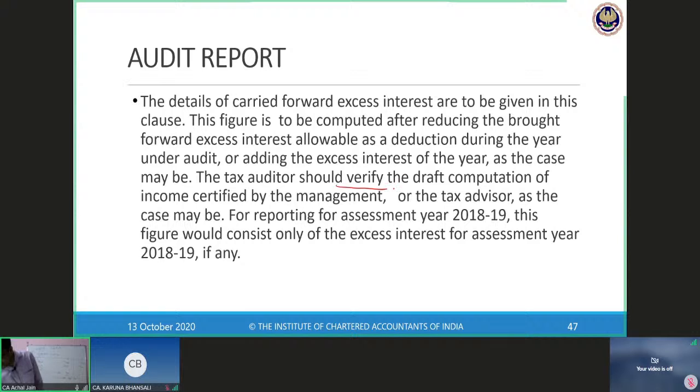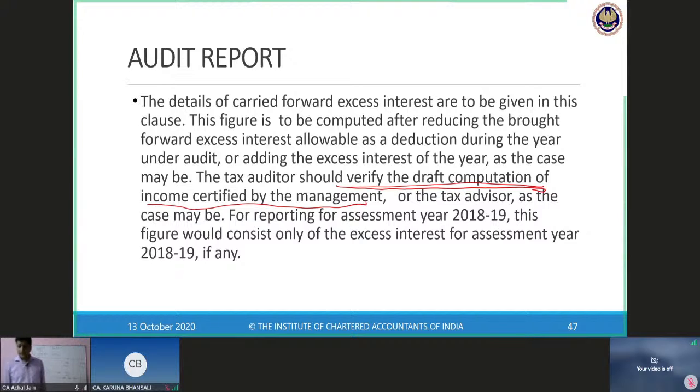So what will the auditor verify? The draft computation of income certified by the management. So this computation will be done by whom? Management. What is the role of the auditor? To verify this computation. For the reporting for assessment year 18-19, this figure would consist only of excess interest, if any.